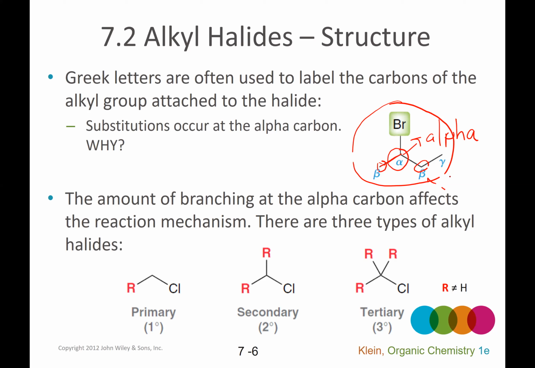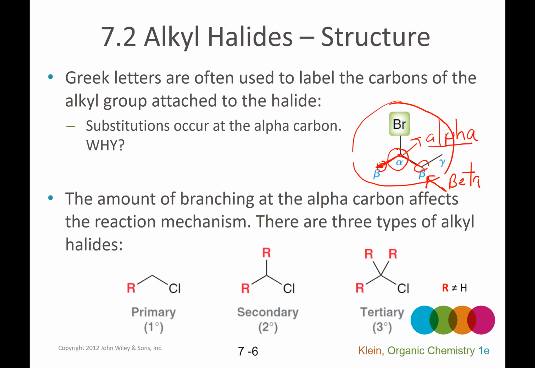That's called the beta carbon. That's the only two you really have to know. The one the halogen is directly attached to, alpha, and the carbon next door, directly bonded to it, which is the beta, okay? That terminology comes up a lot in this chapter and even in the next chapter.